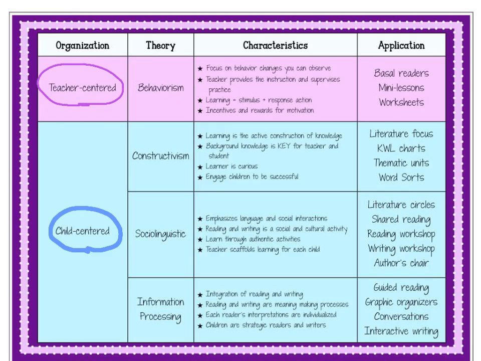So at this point, you will have to make some decisions when you become a classroom teacher, whether, first of all, you're going to have a teacher-centered classroom or a child-centered classroom when it comes to reading and writing models. But then, which theory or theories do you connect best to and think children would respond best to in your classroom? I'll tell you right now, there's no right or wrong answer.